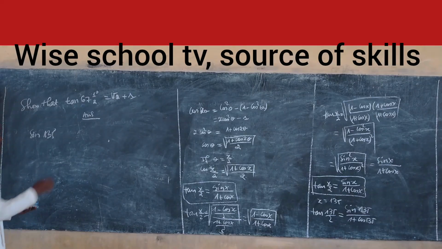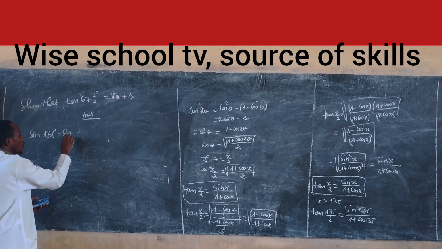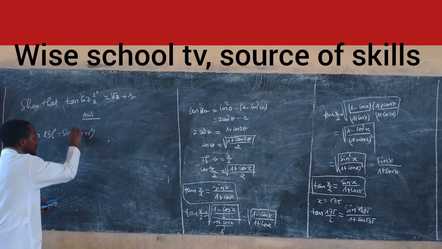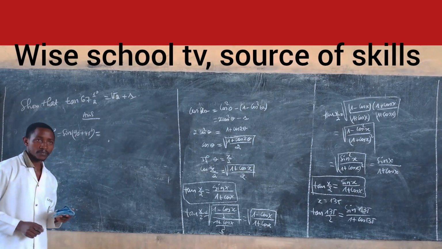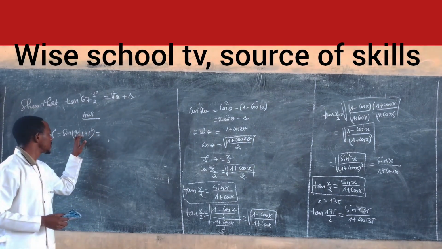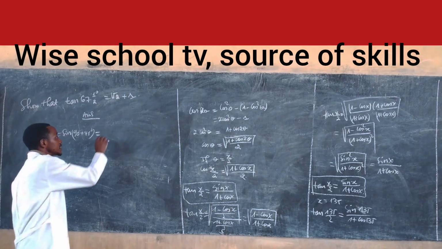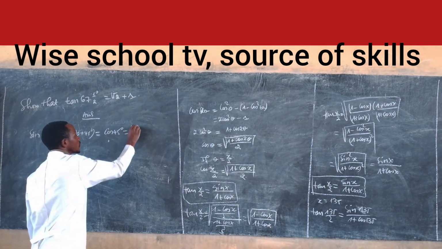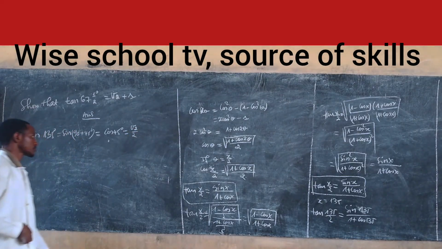Without using a calculator, this is equal to sine of 90 degrees plus 45 degrees, which is the same as cosine of 45 degrees. This is the square root of 2 over 2.